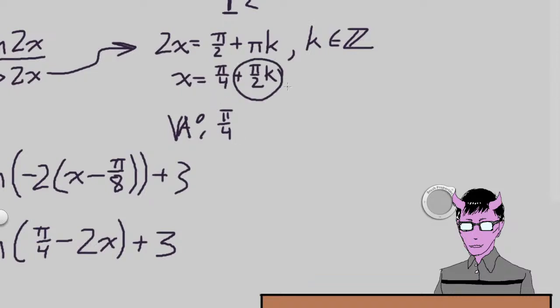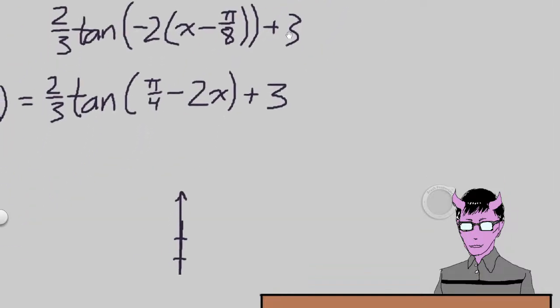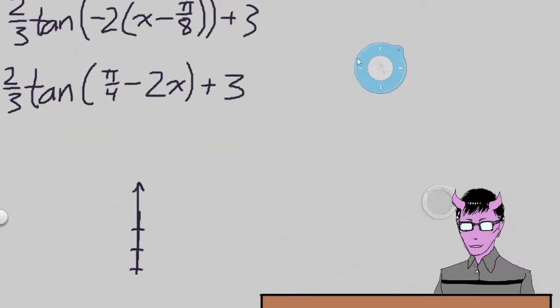If k is equal to -1, we're going to subtract that from this one, thereby getting -pi over 4. Let me double check the math is correct. Yeah. So those are the ones that I like to plant initially onto my graph. You can use whichever one you wish.